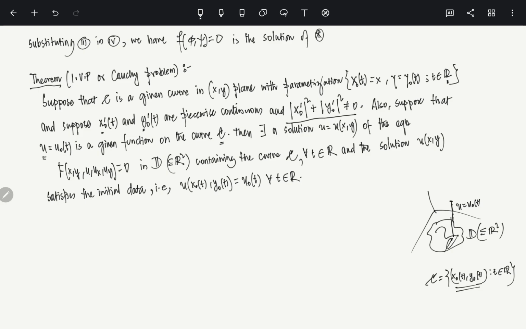So then you have a solution u which is u of xy, and that solves the equation which we want to solve in the domain D, yeah, in such a way that the initial data is satisfied. So basically u at the point x naught y naught is nothing but u naught. Okay, see, u naught is given to us. So essentially what we are doing is we can get a solution such that the initial condition is also satisfied along with the equation. That's what it is saying.